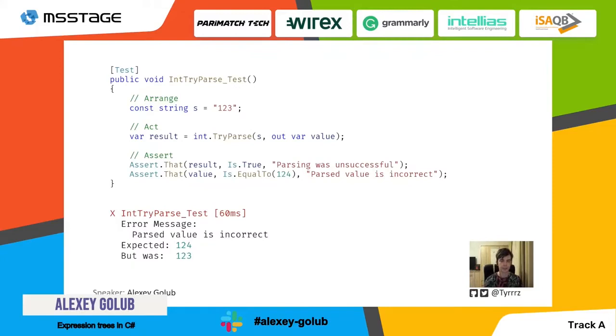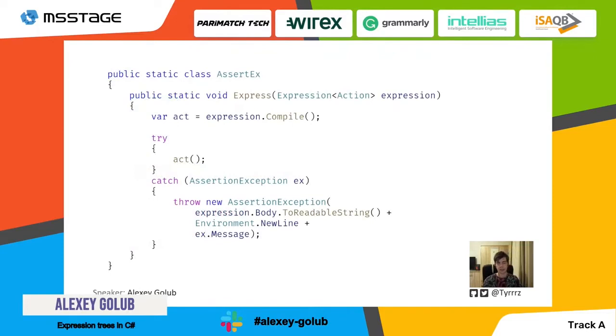But it's also a little bit tedious, and instead we want to be able to just have the code that we use to write the assertions displayed here, because that would give us enough information to understand what exactly has failed. And we can do this using the expression trees. So we can have a helper class assert x that takes an action expression, so the one that doesn't return anything, and then we can compile it and execute it.